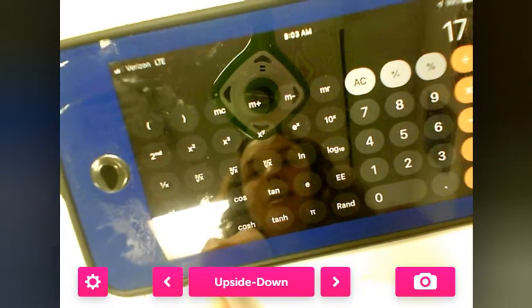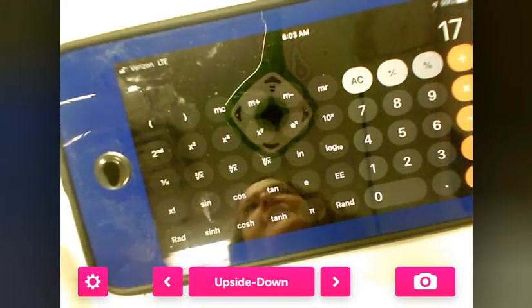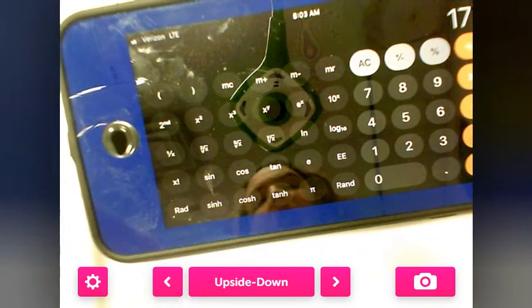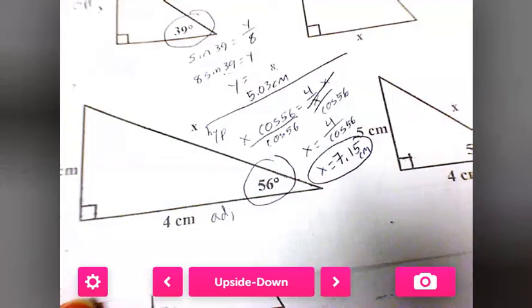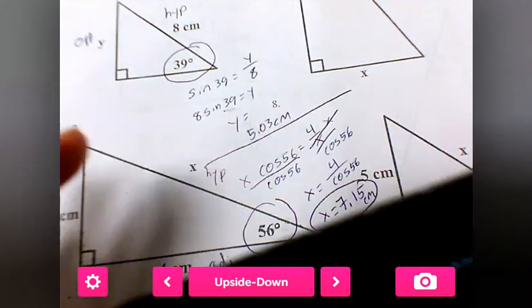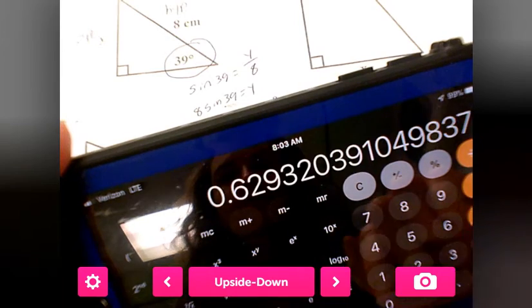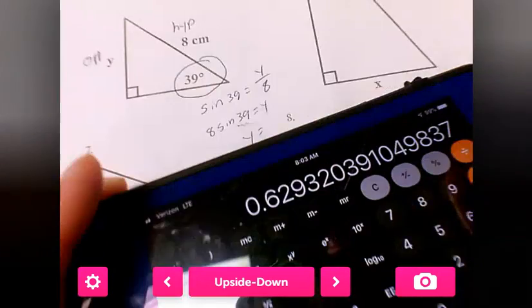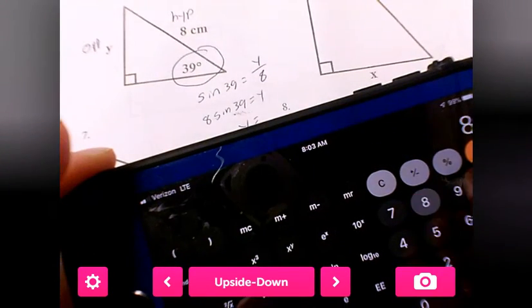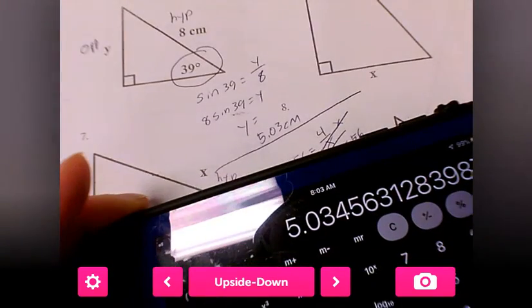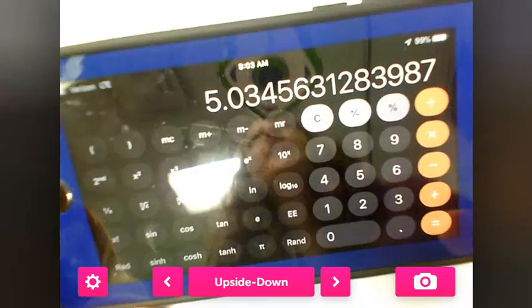I'm going to make sure the RAD in the corner is up because then I know it's degrees. And then I simply have to put this backwards. So if I was doing number 5, I'd put 39 and then I'd push sine. And then I would times it by 8. Okay, so you just go backwards. If you have an iPhone, that's how you do it.